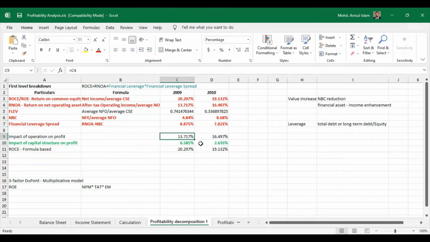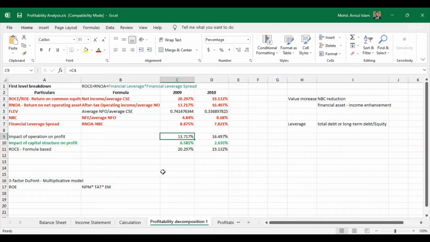So there is a gap of how much? The green color, 6.5181%. So we are claiming that this percentage, the 6.581%, is coming from some impact of leverage, some impact of financial leverage.